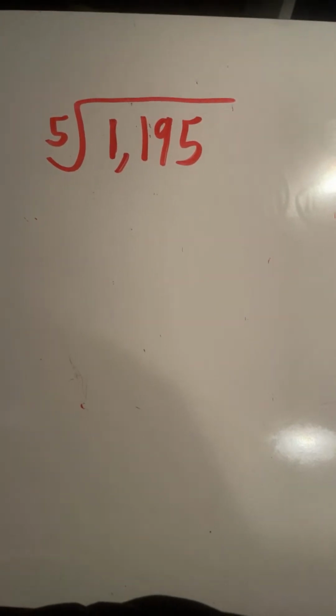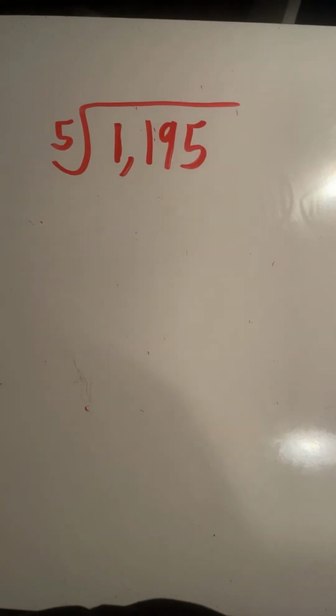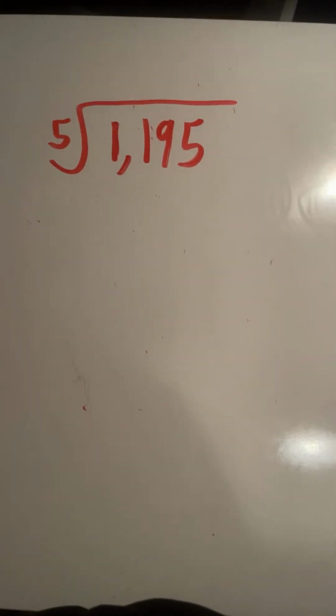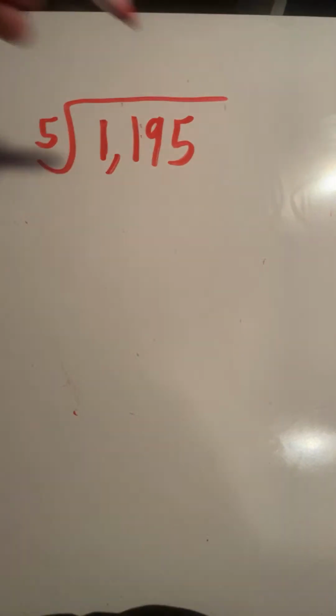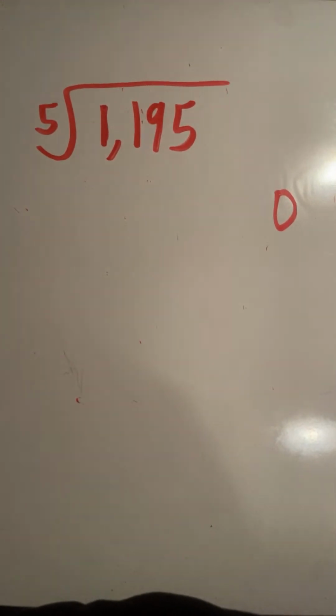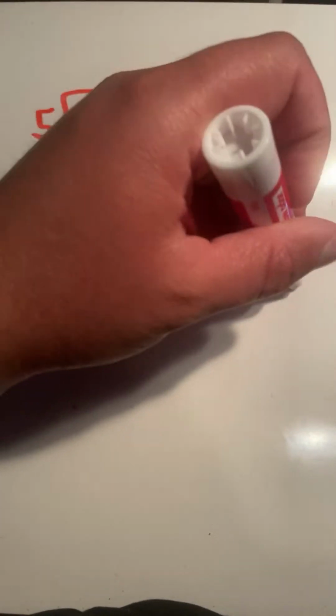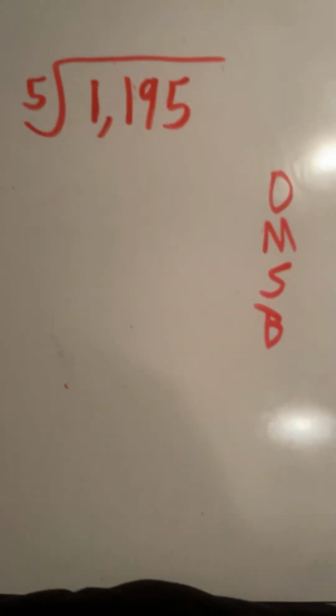1,195 divided by 5. So this one I'm going to actually do without the skip counting, for all of those that are fluent with it in your head. So the steps are: we divide, we multiply, we subtract, we bring down.